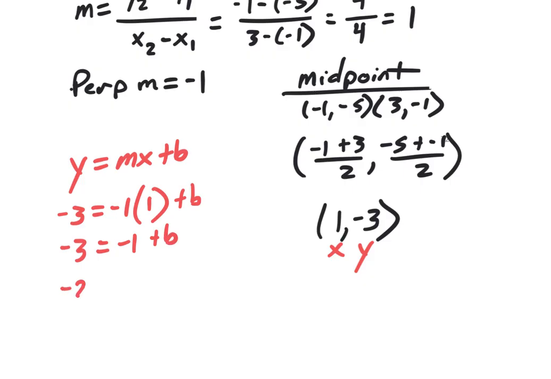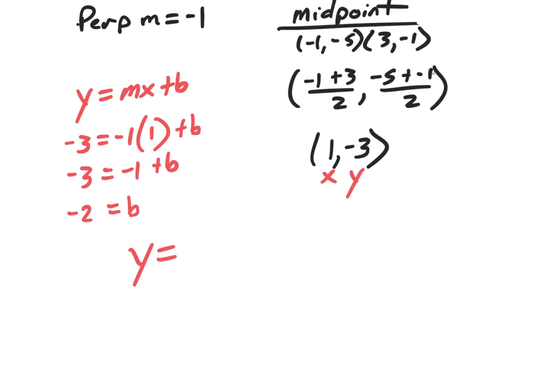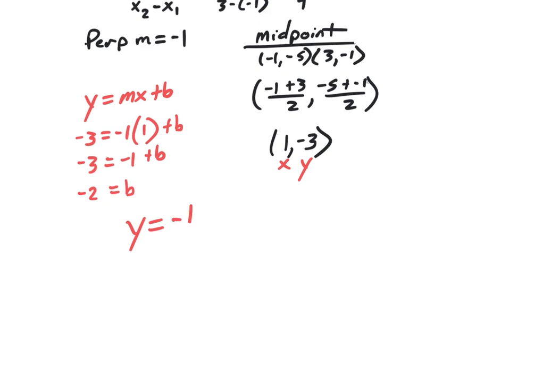And then we're going to add 1 to both sides. And there's our equation. This is our slope, which we did up here. This is our b value, which is right here.